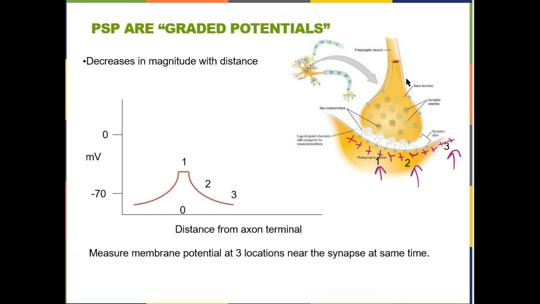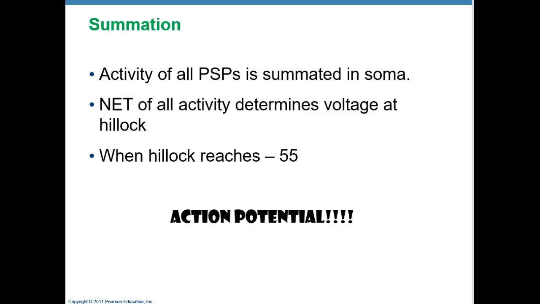Because altering of the membrane potential adjacent to the synapse requires diffusion, the effect is only going to go so far, and then it's going to diminish the further you get away. Later, when we look at action potentials, you'll see how they're different and why we organize the information this way. So those are our postsynaptic potentials.